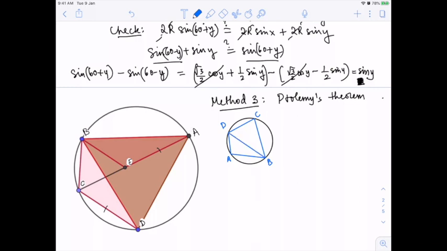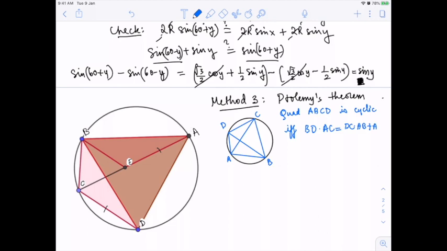In fact, let me state the strong form of Ptolemy's theorem. It says that quadrilateral ABCD is cyclic if and only if the following equation is true: BD into AC is equal to DC into AB plus AD into BC.